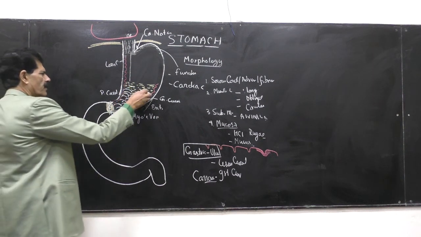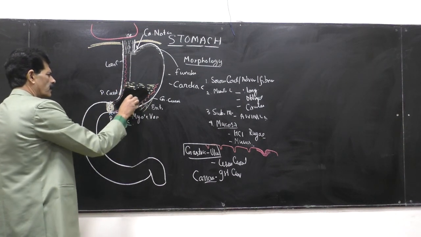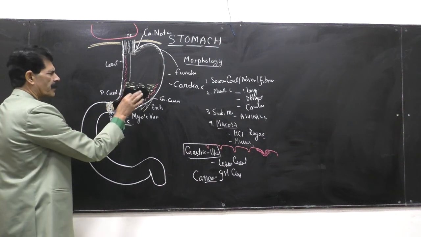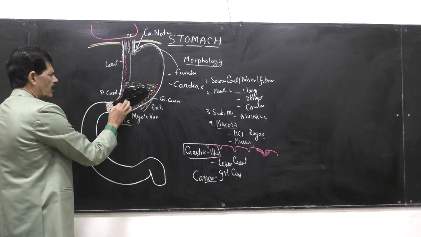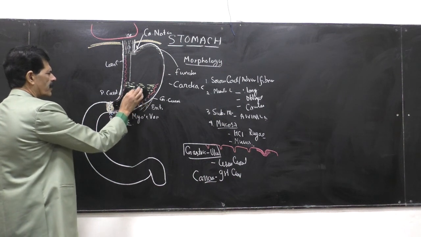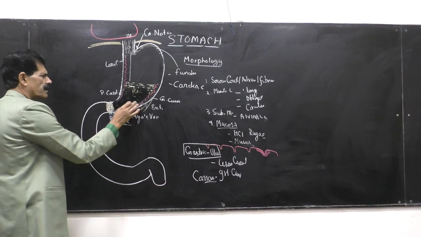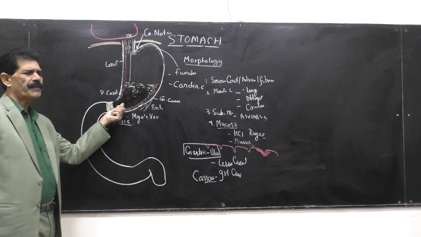As in the night, after taking dinner, the stomach is emptied after 3 hours, that is the gastric emptying time. Then the whole of the stomach is filled with the HCl. So the mucosa on both sides is exposed to the HCl when the stomach is empty.